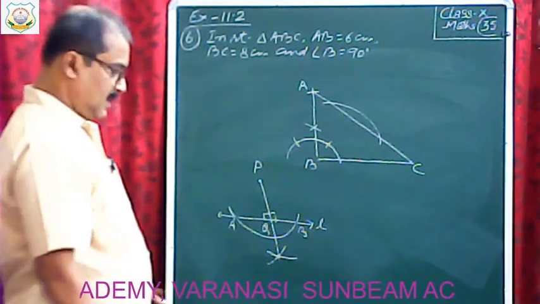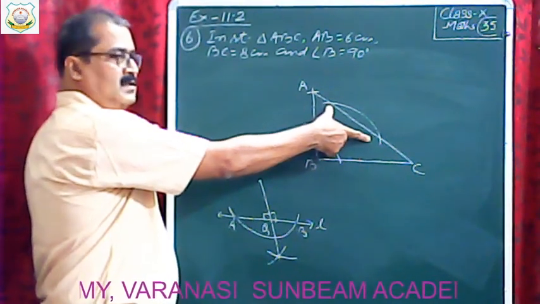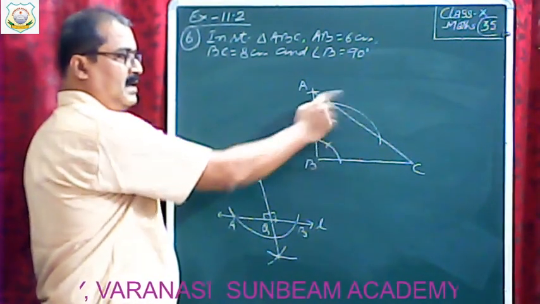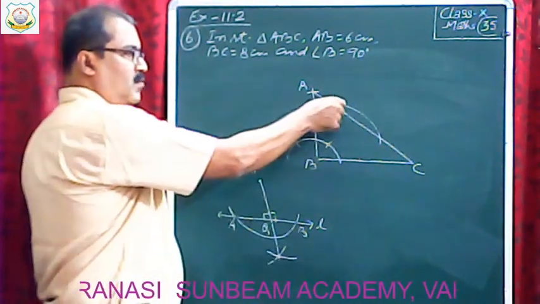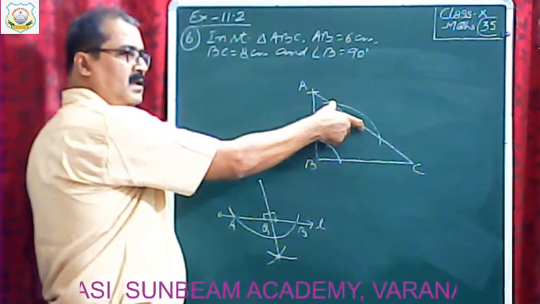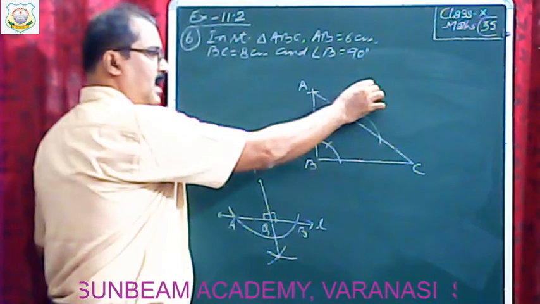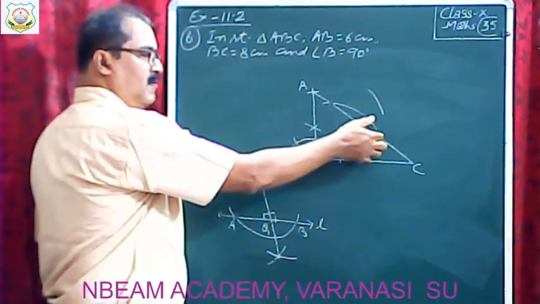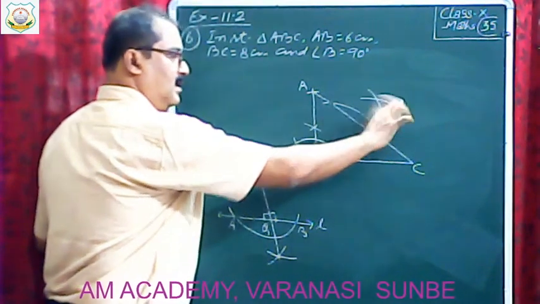Thereafter, as previous, taking one point of intersection as center and more than half of the length of the segment formed as radius, draw an arc, and from the second point of intersection, same radius, draw another arc.